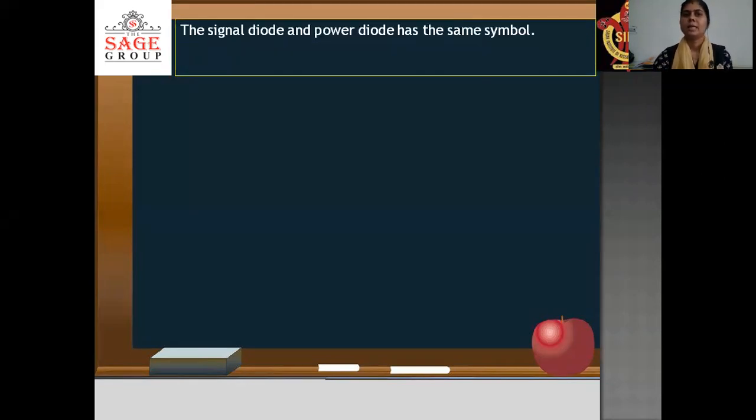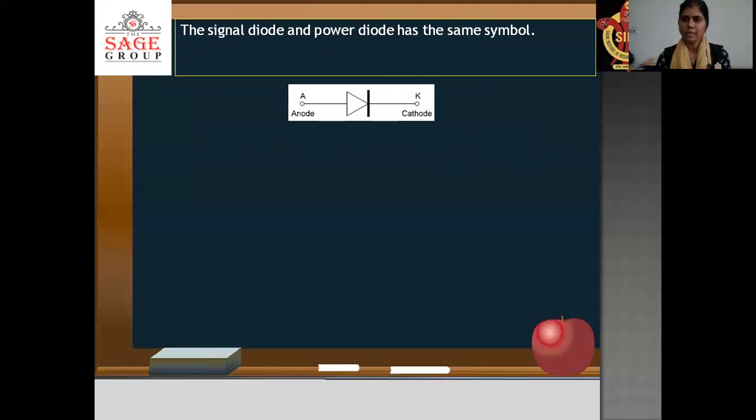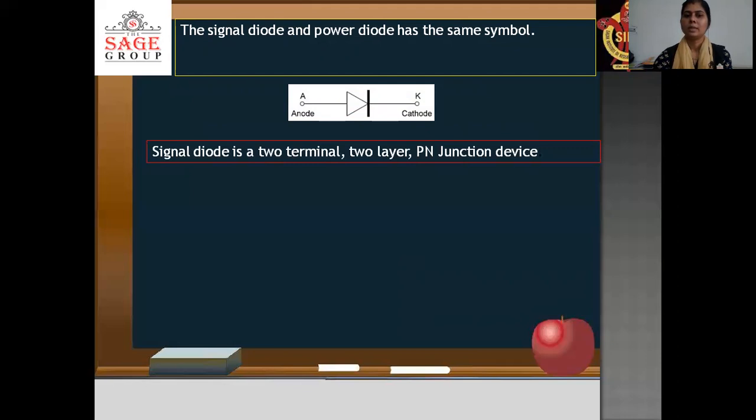Firstly, the signal diode and power diode have the same symbol. Everyone knows diodes have two terminals, anode and cathode. A signal diode is a low power, two terminal, two layer PN junction device, whereas high power diodes are power diodes.